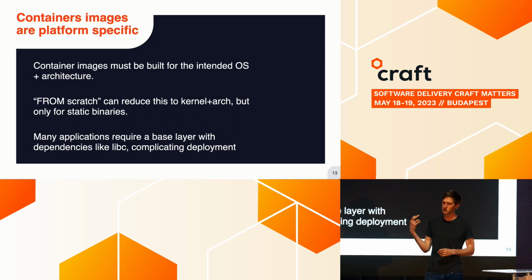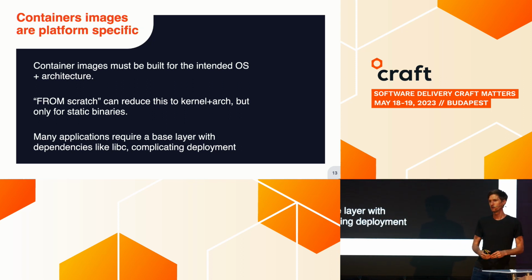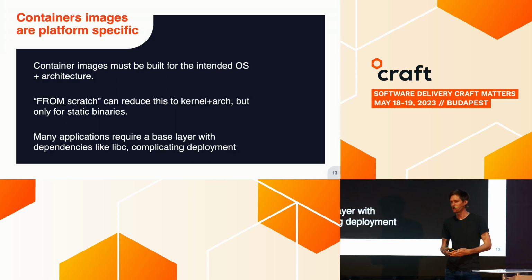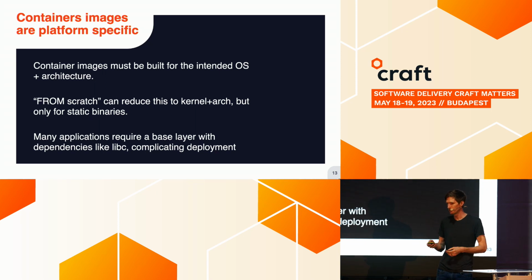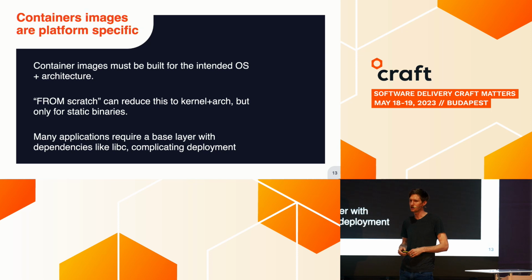And then you could throw in a statically compiled binary and have just one really small layer and no operating system, and it's really neat. But in reality, there's a lot of applications, interpreters, and things like that that need more than what they can statically compile. And so they may need to link against libc or OpenSSL or something like that. And I said complicating deployment, but I'm really talking about the image baking process.